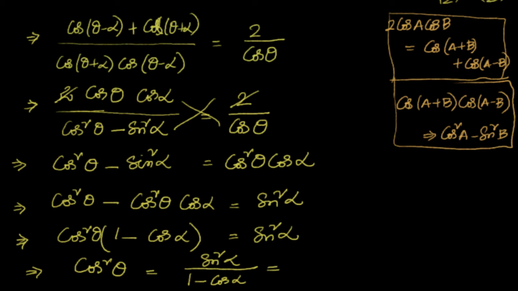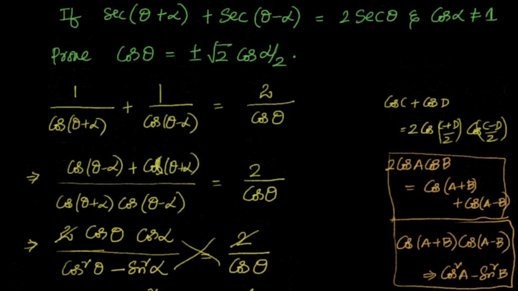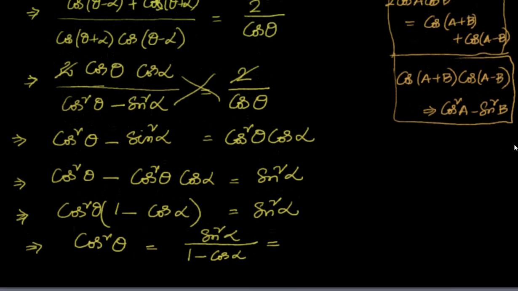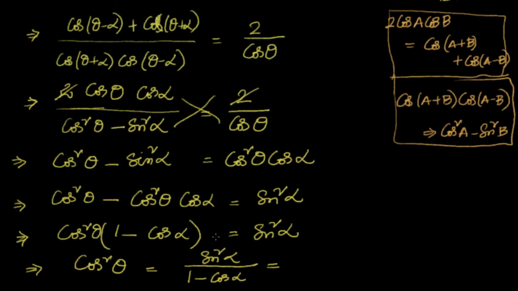Now see what I have to prove. I have to prove cos theta equal to plus or minus root 2 cos alpha by 2. That means cos square theta equal to 2 cos square alpha by 2. That means I have to go for submultiples. So let's go to the next level here.